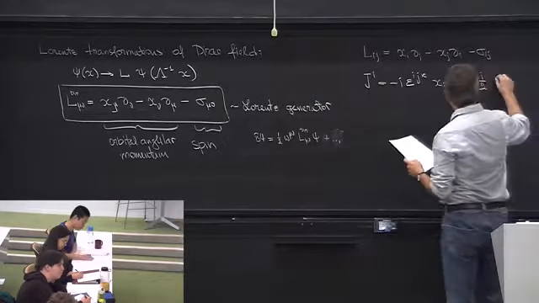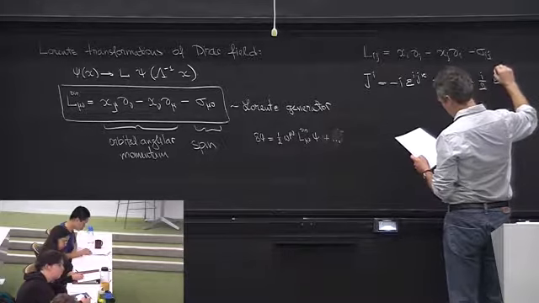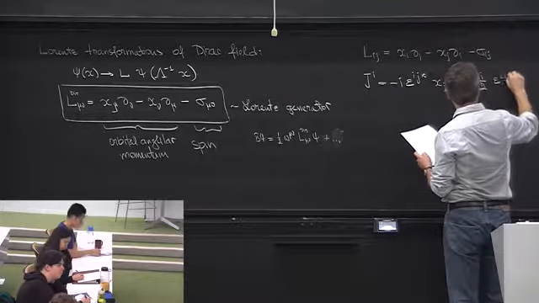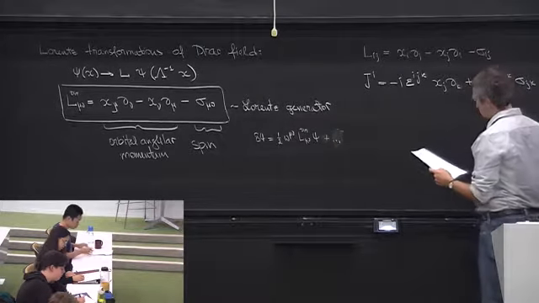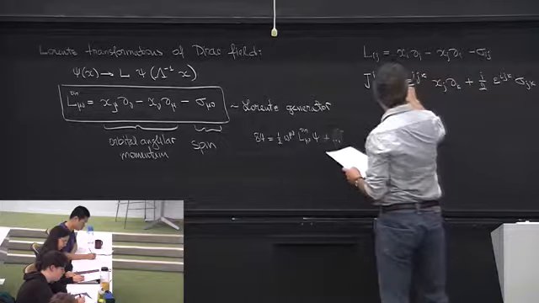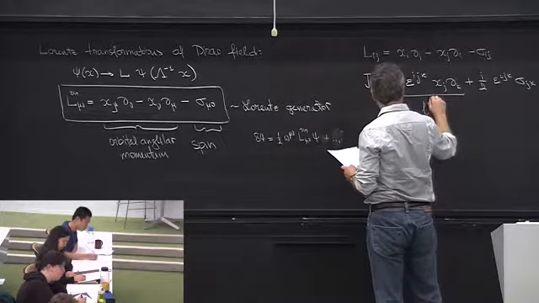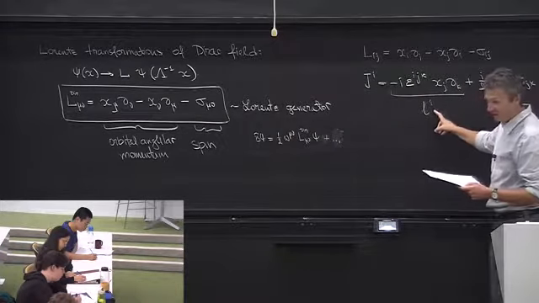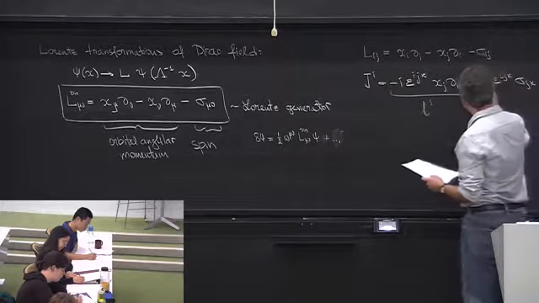So this should be contracted with epsilon jk, sigma jk. This is what we would normally call Li, the quantum mechanical orbital angular momentum operator.